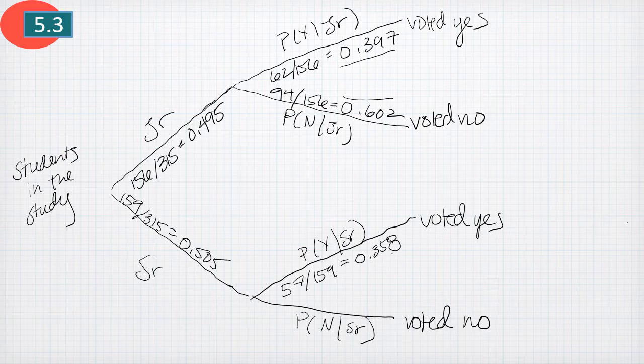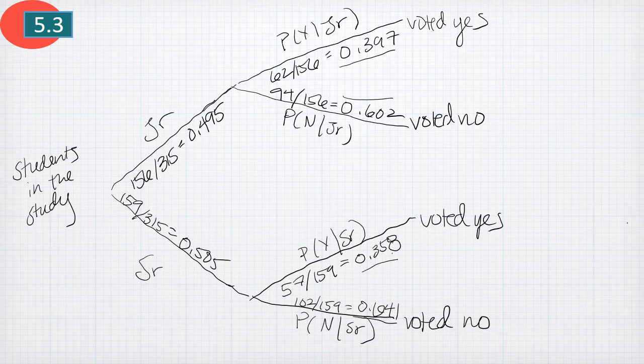And then seniors who voted no was 102 over 159, giving me a proportion of 0.641. Again, these two totaling 100. So now I have my different probabilities, right? I have the juniors, I have the seniors, I have my conditional probabilities of yes given junior.